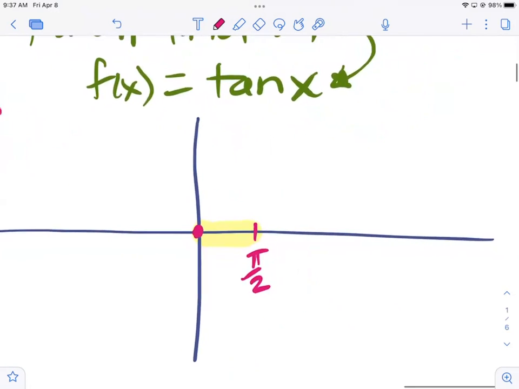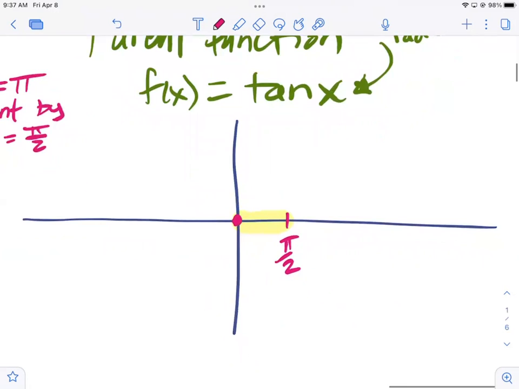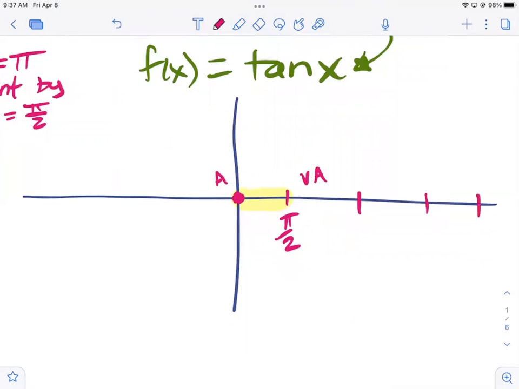So here's what's going to happen. We're just going to alternate now every pi/2. We're going to go from an axis point to a vertical asymptote, and then at the next point. Let's go ahead and label them first. What are we counting by?